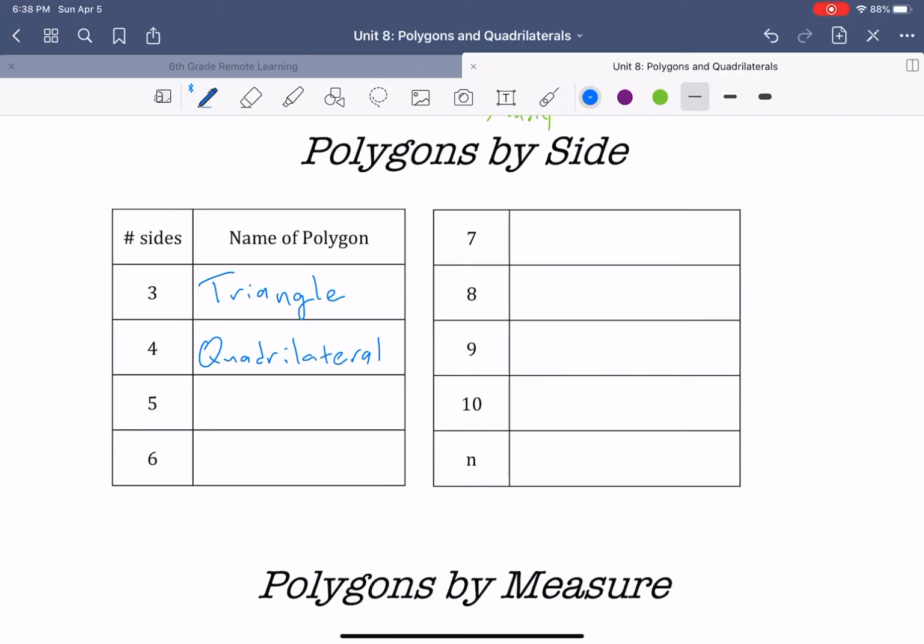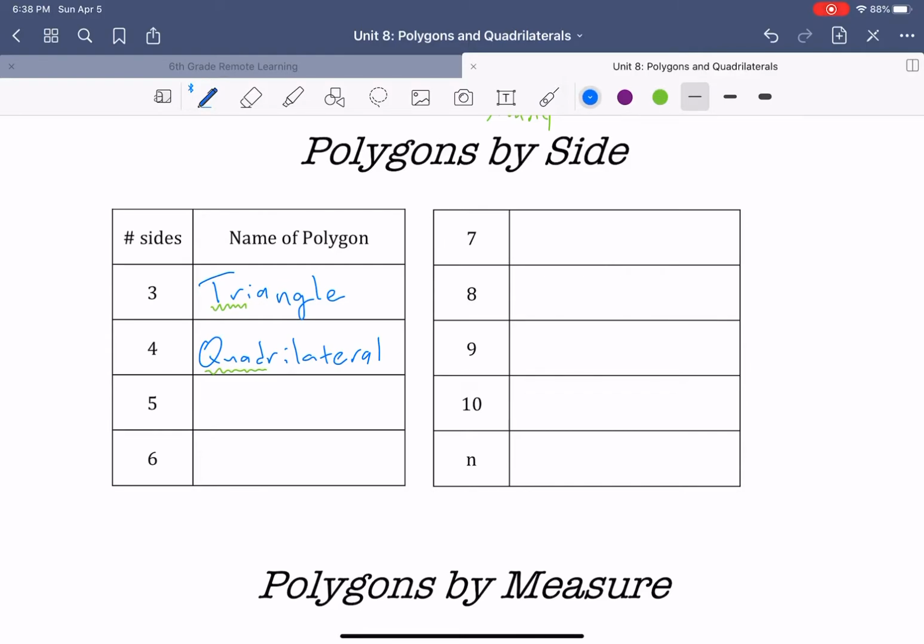And those two names are kind of the funkiest, but they all, you'll notice, have a prefix that tells you how many sides. Tri means 3, quad means 4. But then the next follow a pattern even beyond that.